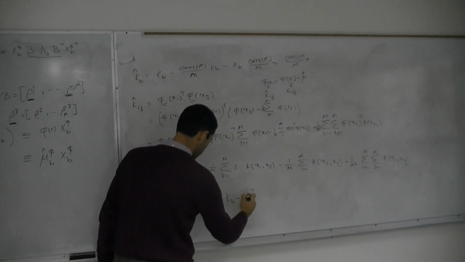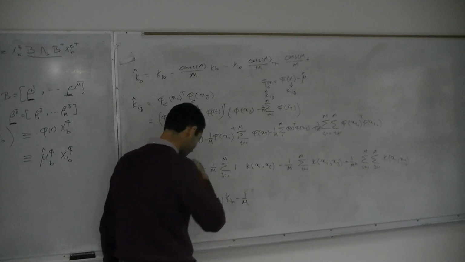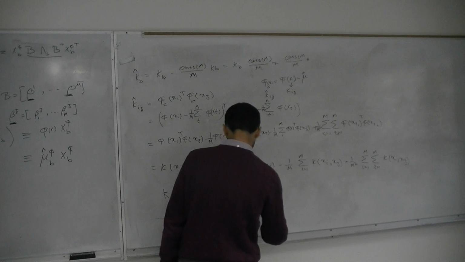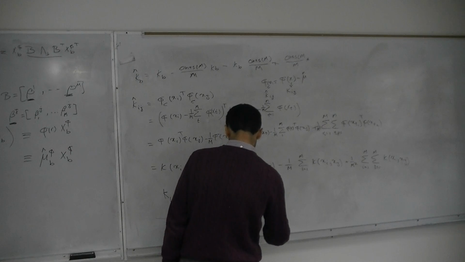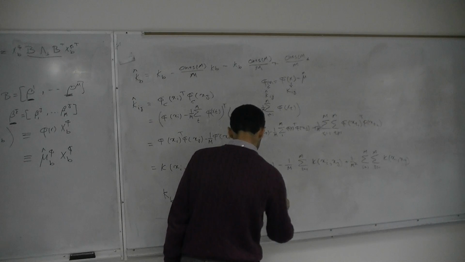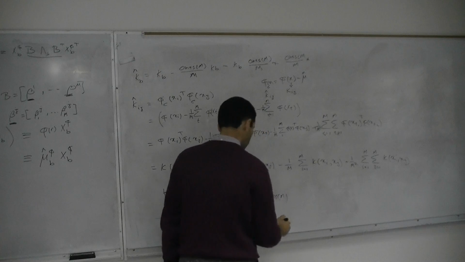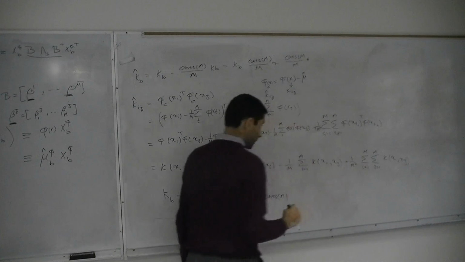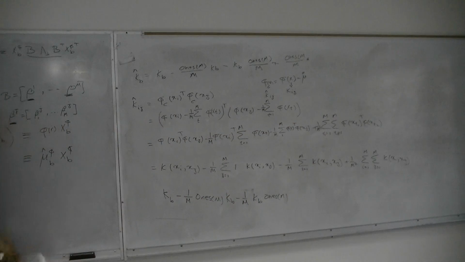And minus 1 over n, K_b ones n, and here is the summation of all of the coefficients in the matrix.